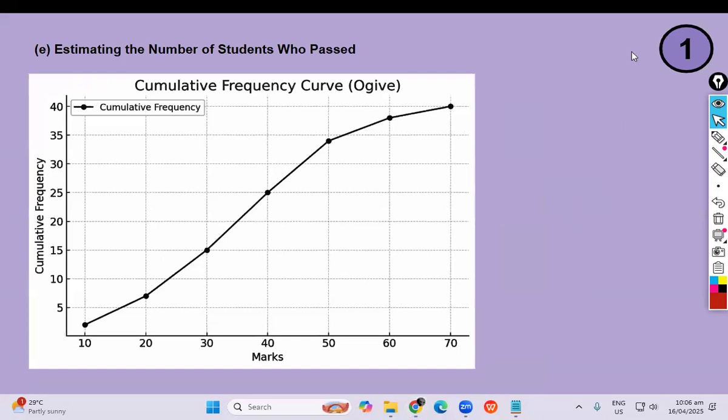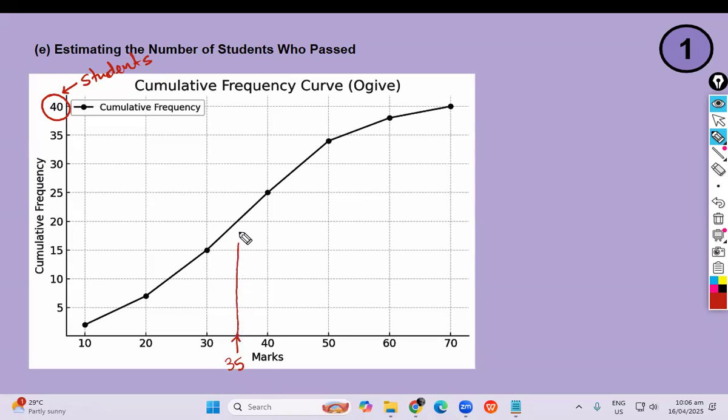So to pass the exam, you need 35 marks. Remember, how many people took the test? 40. I'm just putting it here: students. That's the amount of students who took the exam. The pass mark is 35. So this time you're starting off on the x-axis. Look for 35, because that's the pass mark.